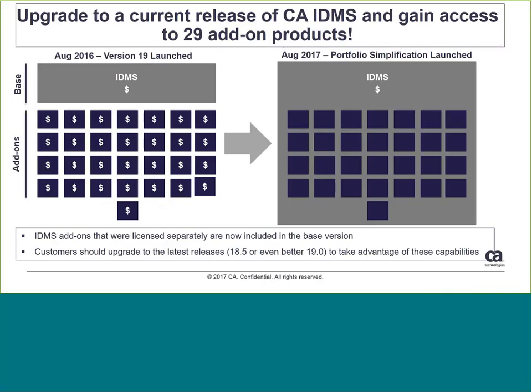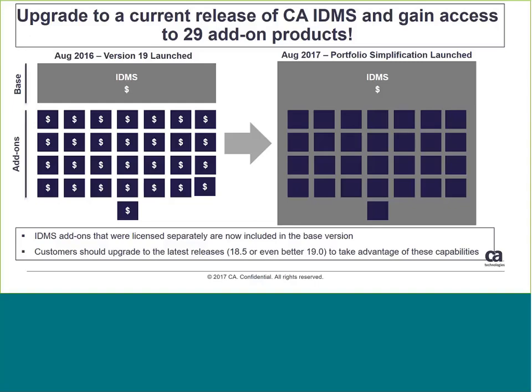So the CA IDMS Portfolio Simplification, this is a really big deal. It truly adds a tremendous amount of value to our customer base, and I feel it's a great example of CA's ongoing commitment to ensure that our customers are realizing the value in the product that you guys are investing in.